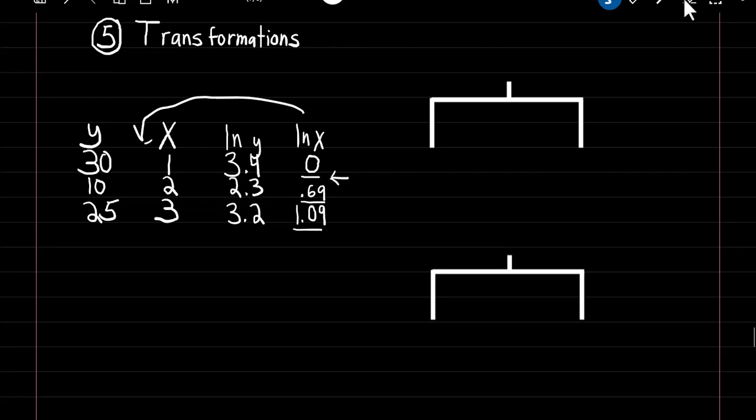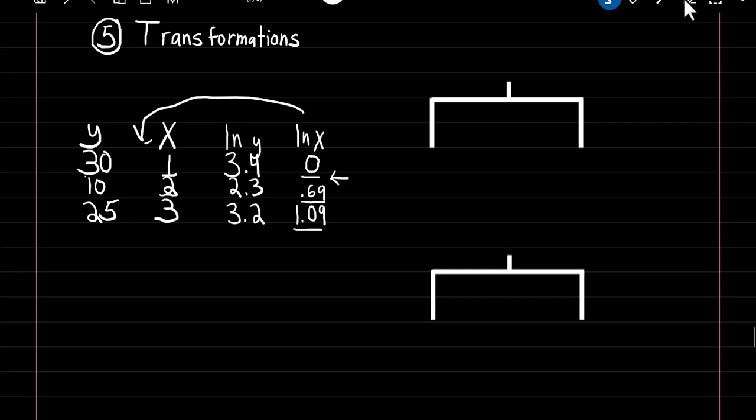Is it between 0.69 and 0, then we'd have 30 on the left. Is it between 1.09 and 0.69, then we'd have 10 and 30 on the left and 25 on the right. That'd be the same as if we applied no transformation. So it would make the exact same split, so any transformation you apply to your independent variable won't affect your model. But now if you applied, say, the log of your dependent variable, it will affect your model.